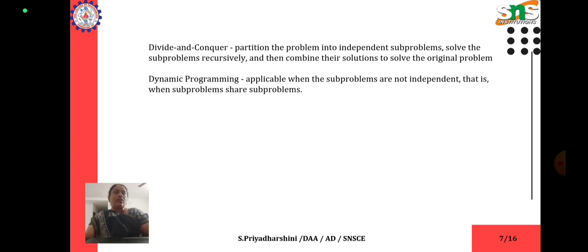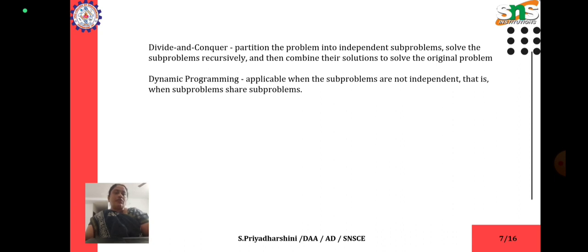There are two main approaches in dynamic programming. One is the top-down approach, the other is the bottom-up approach. The top-down approach is also called memoization, and the bottom-up approach is also called tabulation. Both can be used in dynamic programming to solve problems.